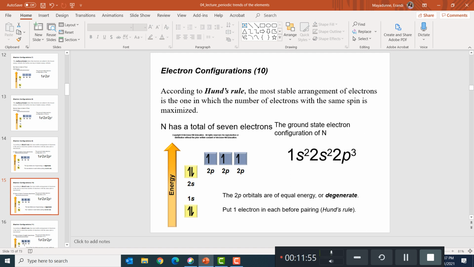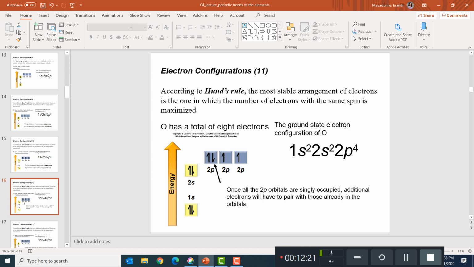Now I have another question. What about the d shell? In the d shell you have -2 to +2: -2, -1, 0, 1, 2, so 5 little squares. Each square takes 2, so it's 10 electrons in the d level.